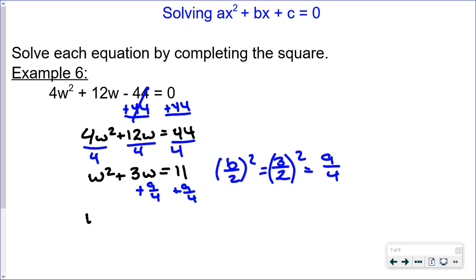So now I have w squared plus 3w plus 9/4 equals 11 plus 9/4, which is 53/4.